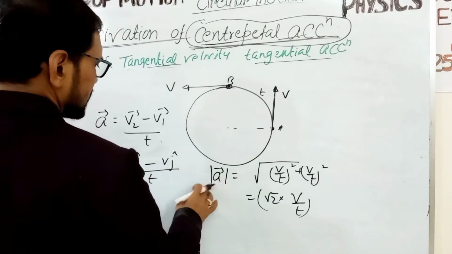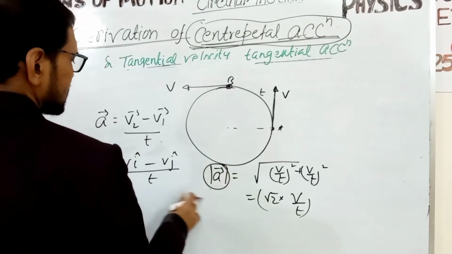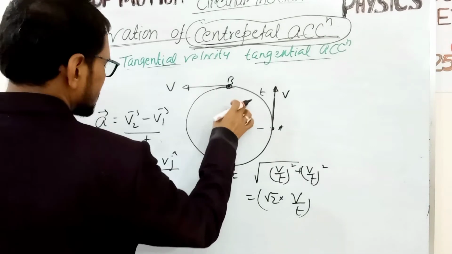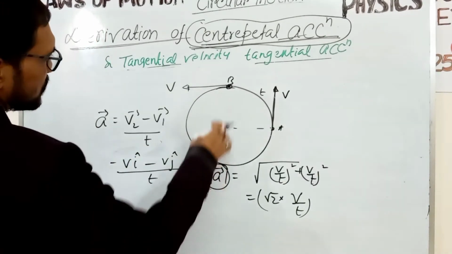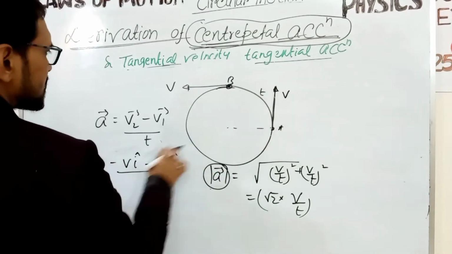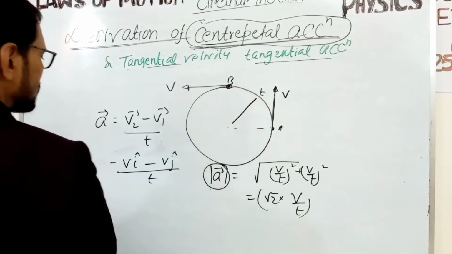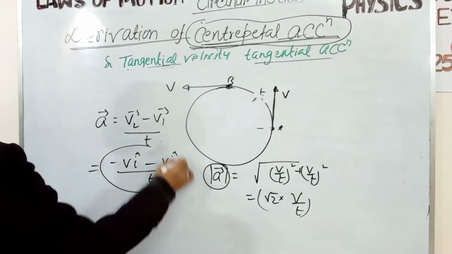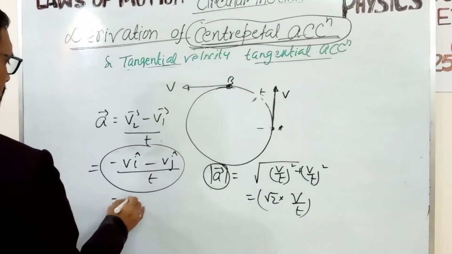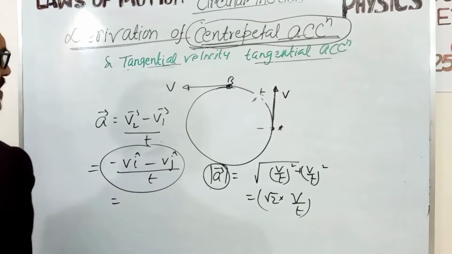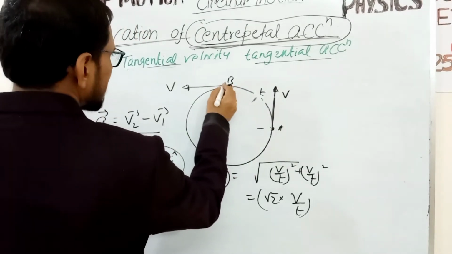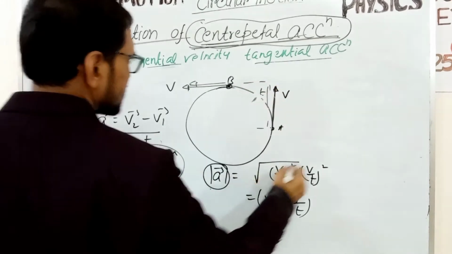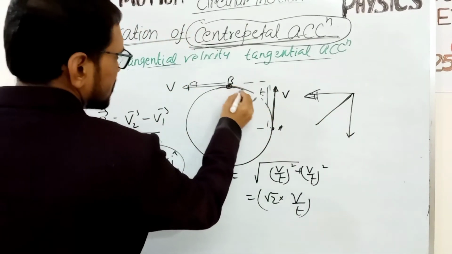Now what is the direction of this acceleration? We will observe that the direction is towards the center. How? What is the direction of this vector? This vector is minus i minus j. So minus i is in this direction and minus j is in this direction, so 45 degrees.